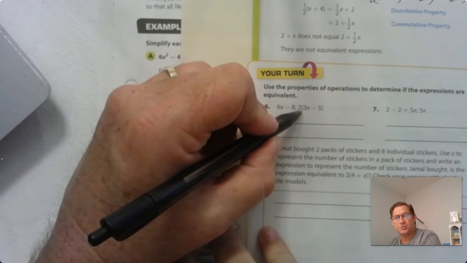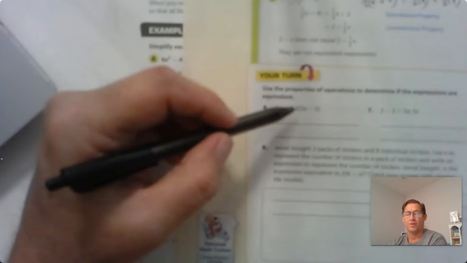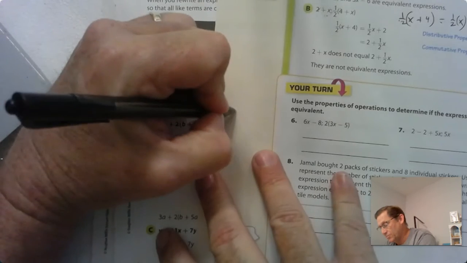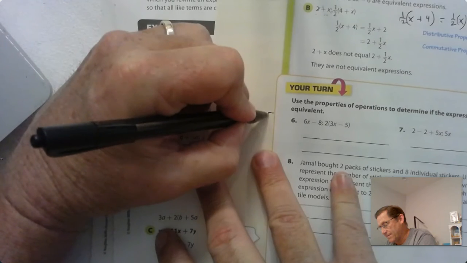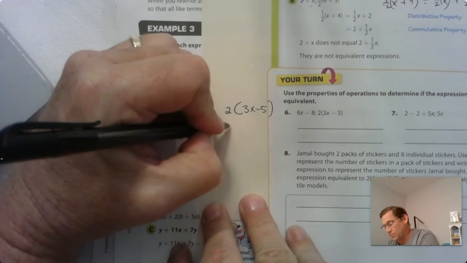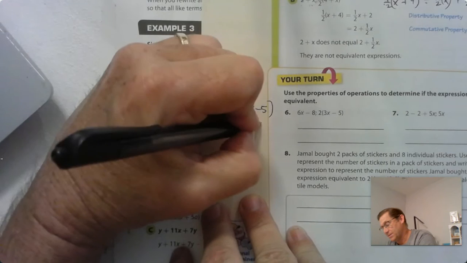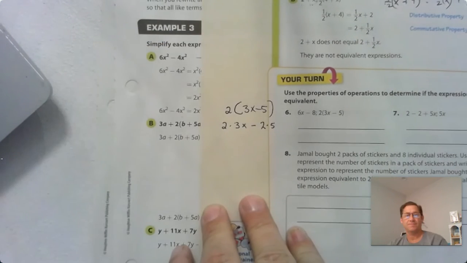I'm going to go ahead and use the distributive property on this expression. So 2 times 3x minus 5 is the same as 2 times 3x minus 2 times 5.